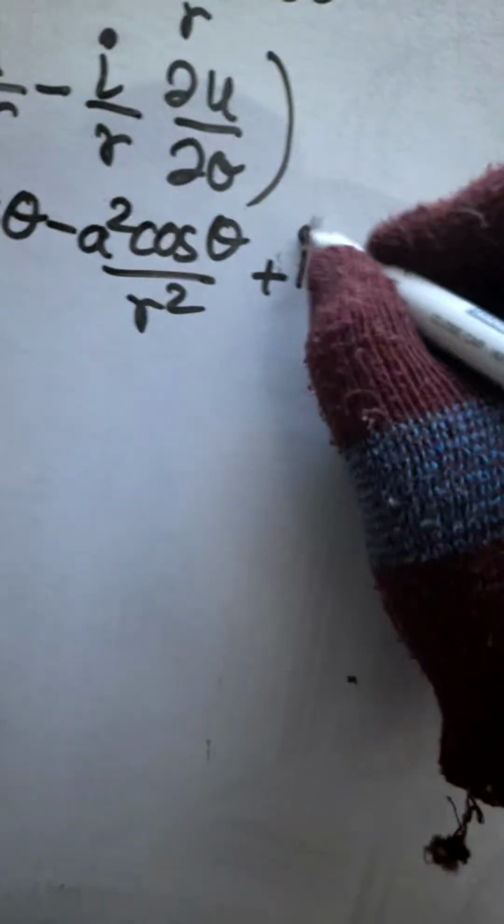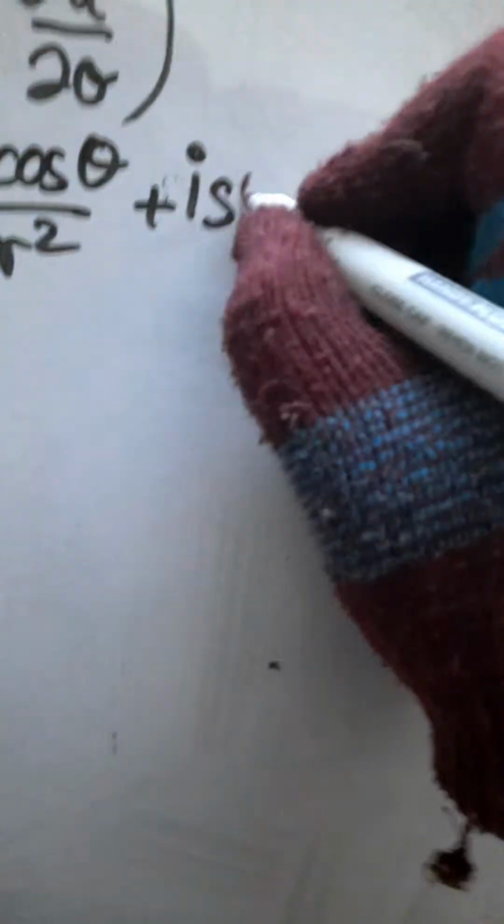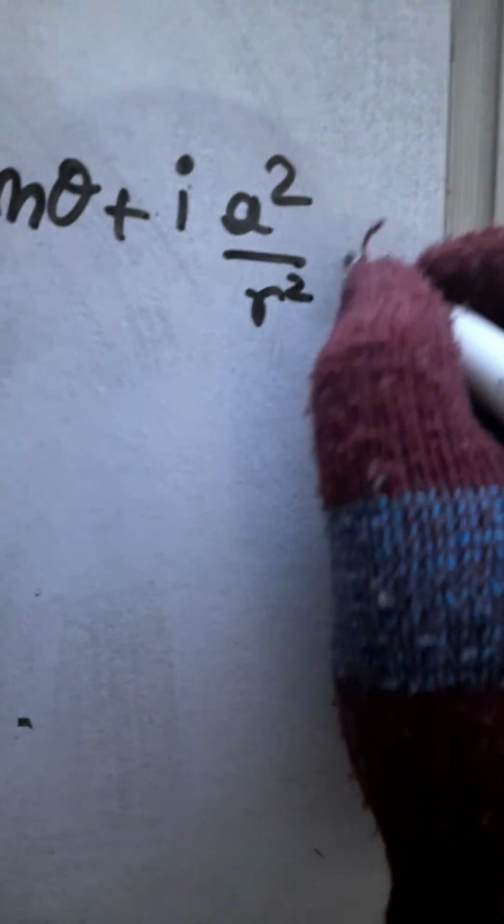Okay, e raised to I theta, cos theta minus a square cos theta by r square plus I sin theta plus I a square by r square sin theta.